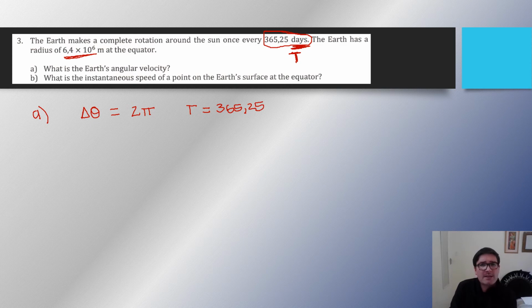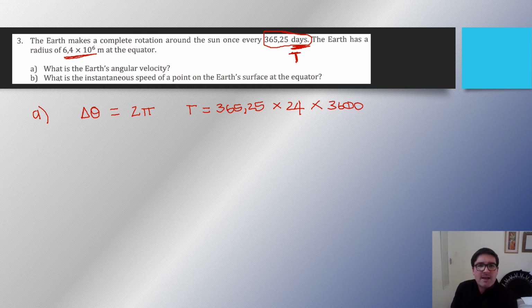But we know we need the period in seconds, so we will convert it to seconds by multiplying by 24 because there's 24 hours in a day. And in each hour, there's 3,600 seconds.